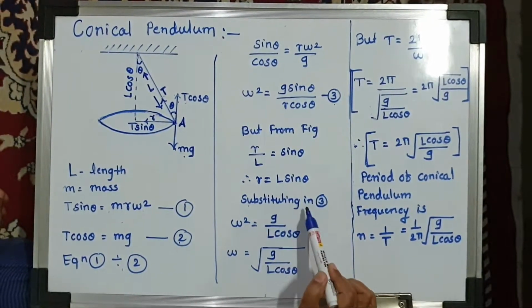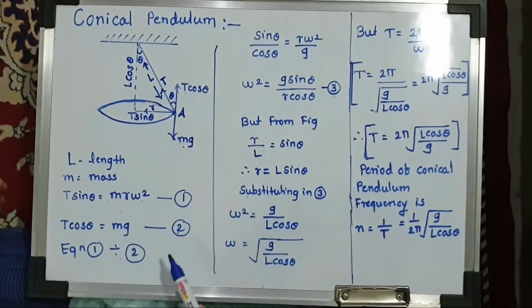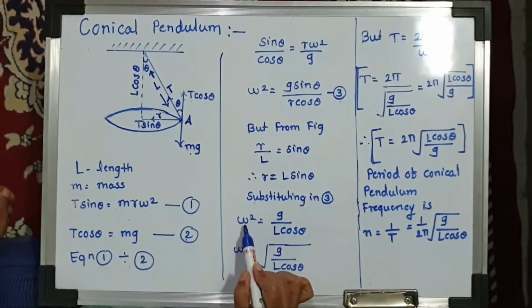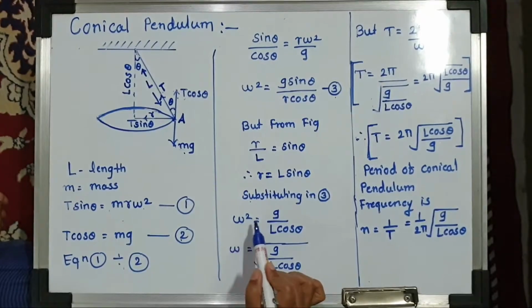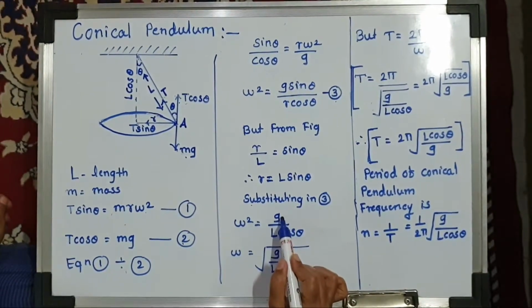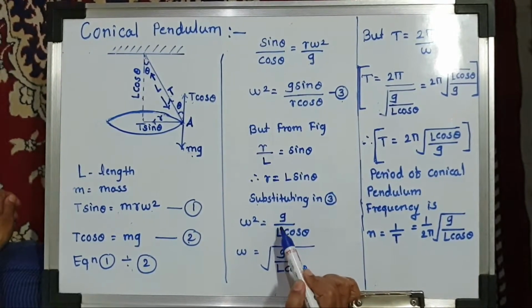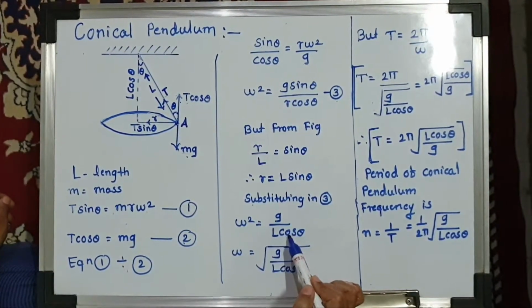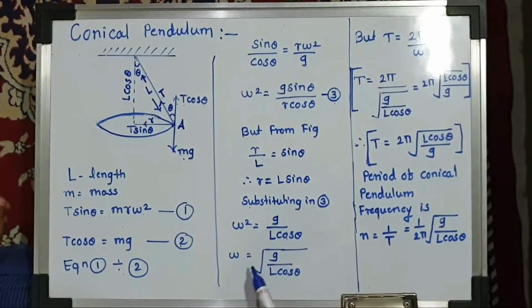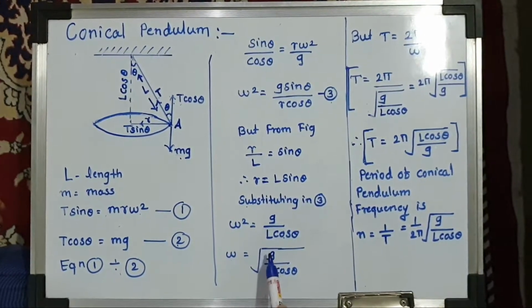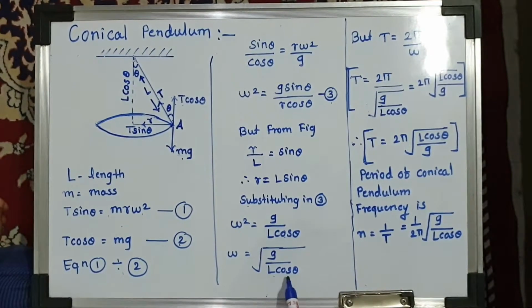Now substituting this in equation 3, we got omega square equals g upon L cos theta, as sin theta gets cancelled. Taking the square root, omega equals under root g upon L cos theta.